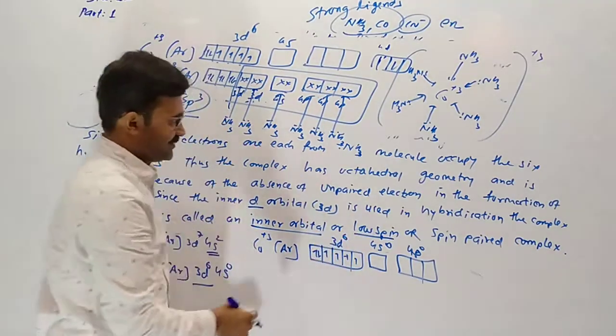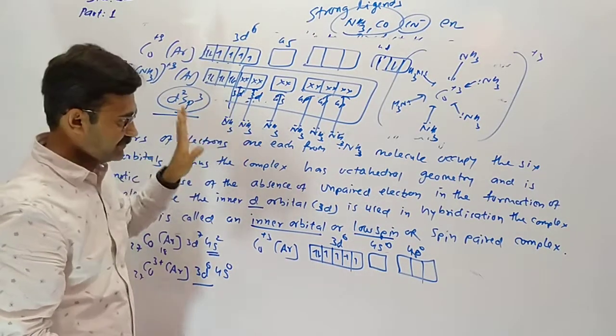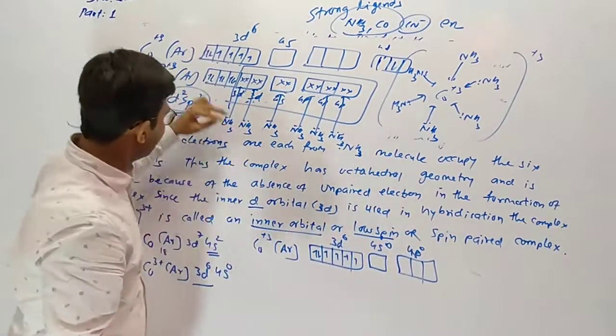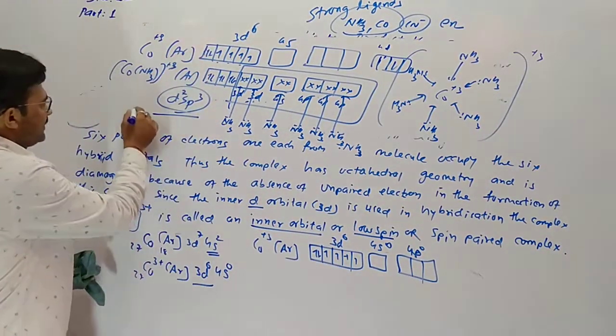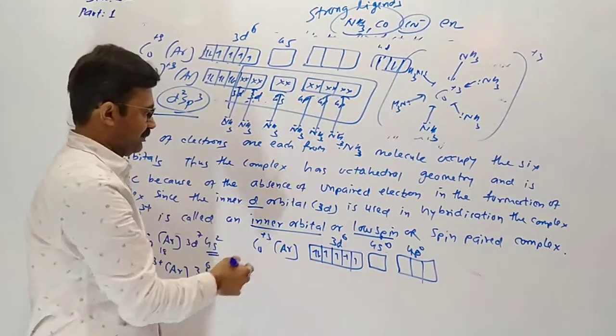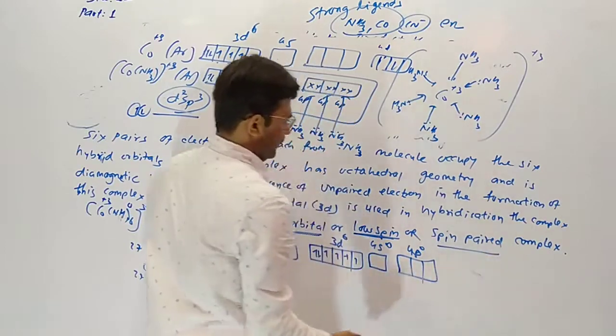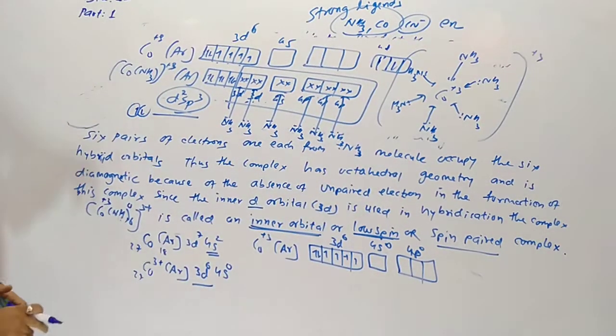Low spin means there is no unpaired electron, or the spins are paired, clockwise and anti-clockwise. So this type of entity is called an inner orbital low spin or low spin paired complex.